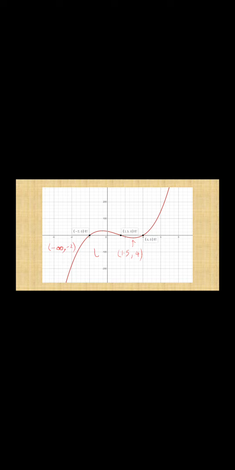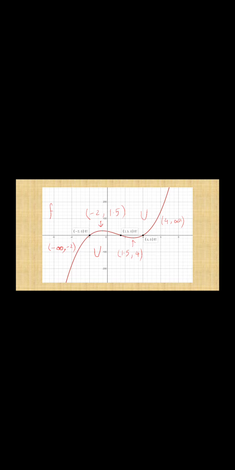So we can use the union of these two intervals. And the function is positive in the interval between negative 2 and 1.5, and also from 4 to positive infinity according to the end behavior. And here we can use union.